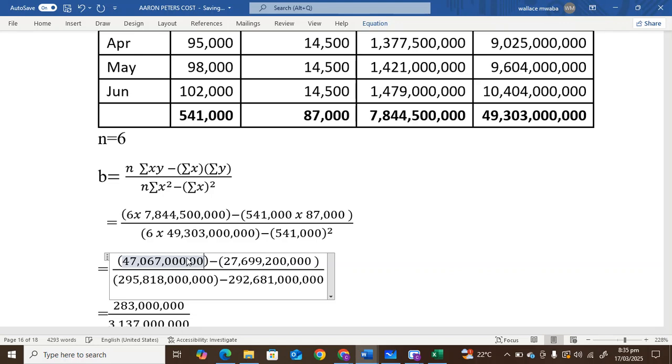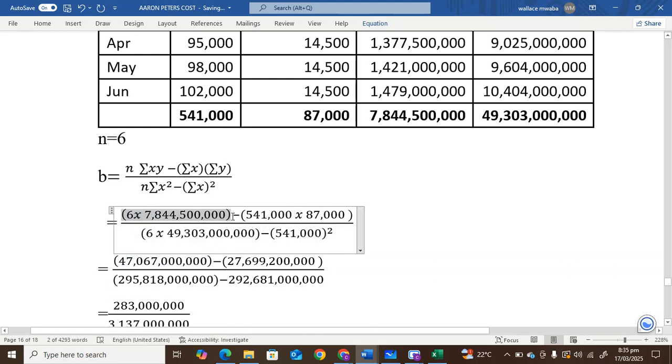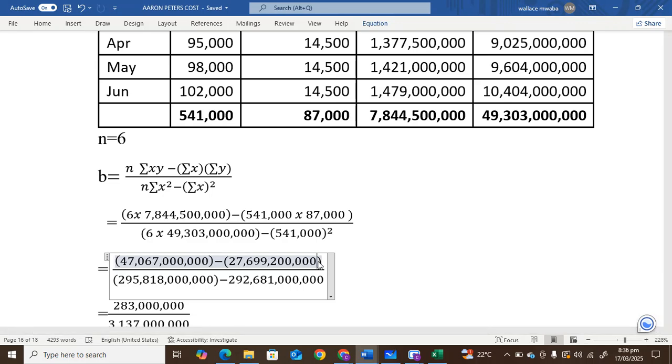If you're getting a different figure, let me know. When we multiply 6 times this figure, then 541,000 times 87,000, you should get the same number, 47 billion 67 million.